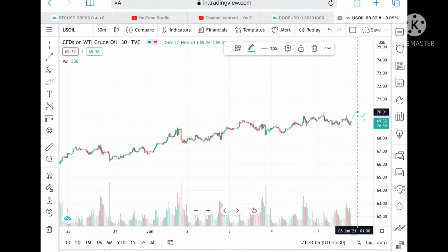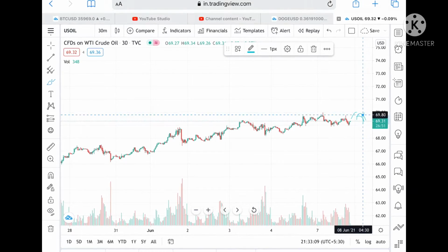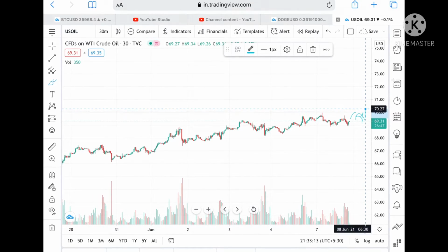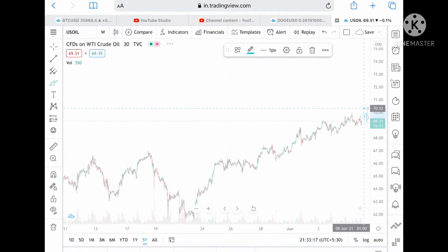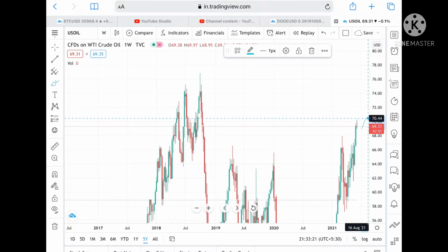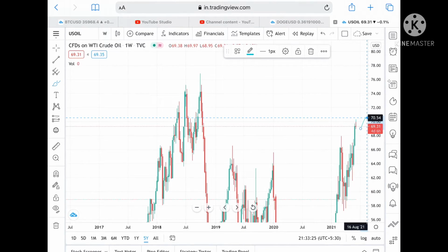If it touches this level 69.98, that is around 70, it can bounce back from there. Or if this level is crossed, then it can make a new high, which can be around 70.54, so we'll be looking for a target of 70.54.